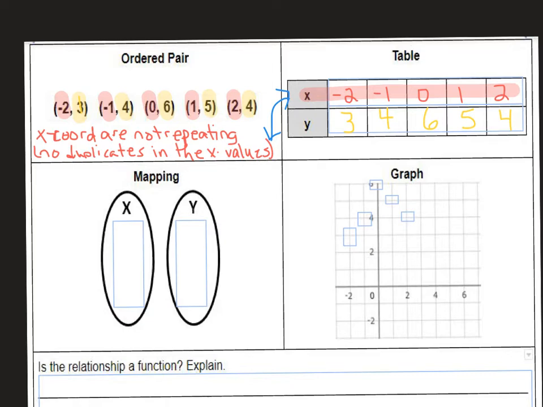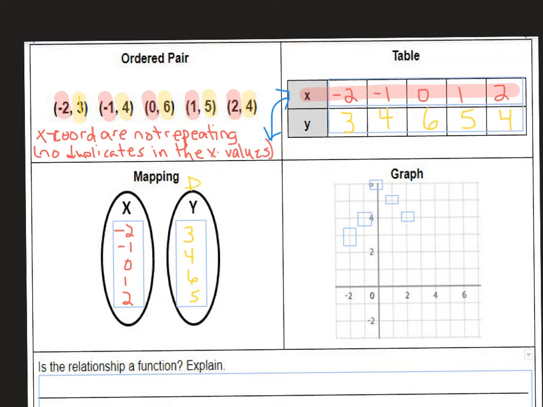Now we're going to take this same relation and map it using our mapping diagram. So take your -2, and I'm going to put -1, 0, 1, and 2. You can actually type those if you're using your Google Slides. And then I'm going to list my range values of 3, 4, 6, and 5.